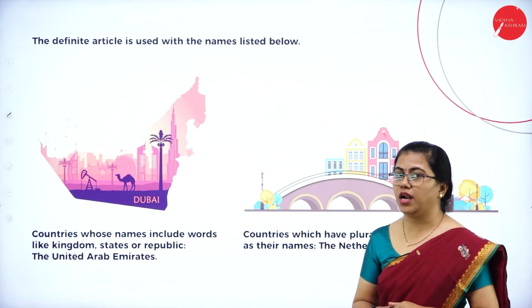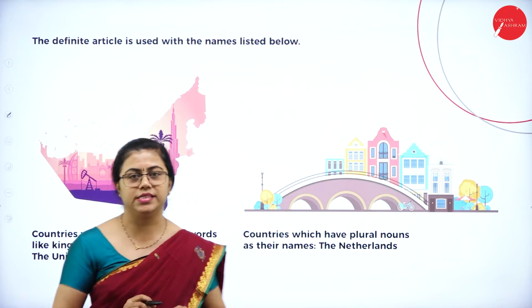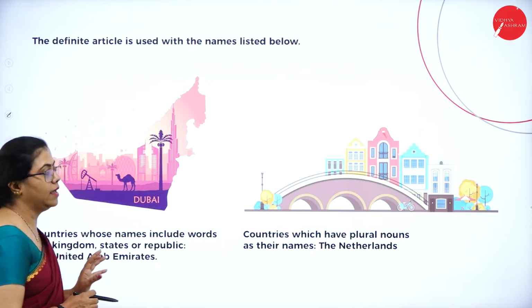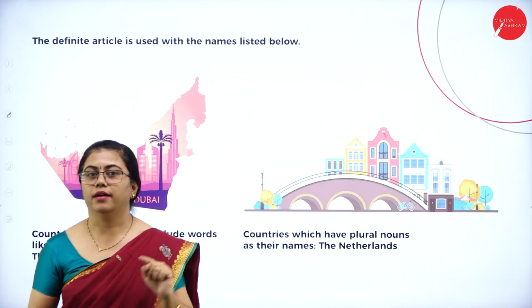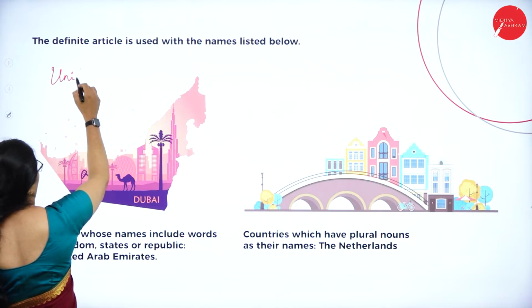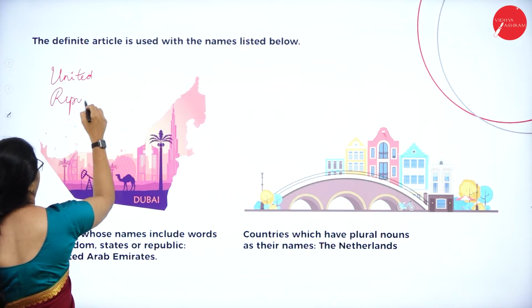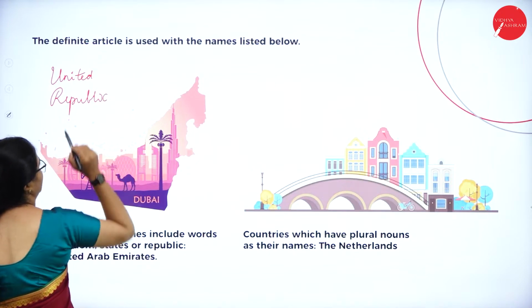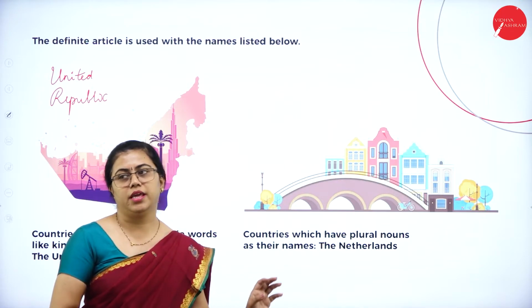We use definite articles also with names that are listed below. Here you can see there are a few names of countries that have words like United, Republic, all these. So all these words actually take the definite article the with them whenever they are referred to.